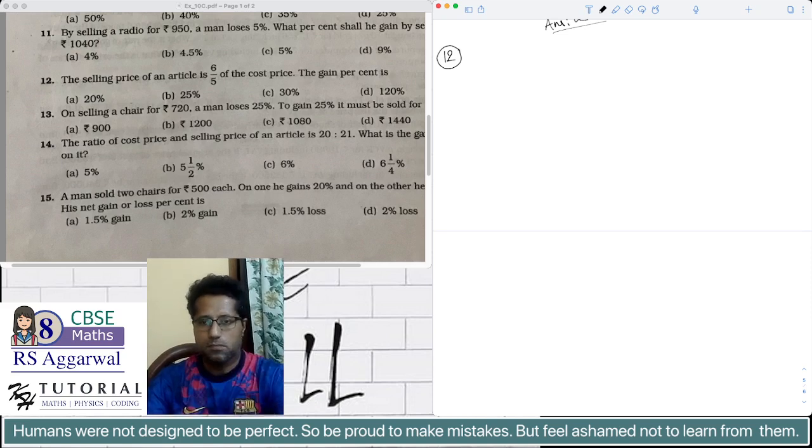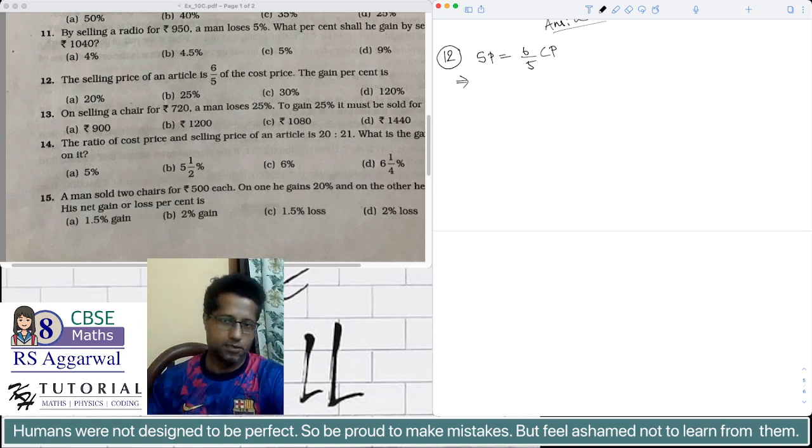Okay, so it is given that the selling price of an article is 6/5 of the cost price. So the selling price is 6 by 5th of the cost price.